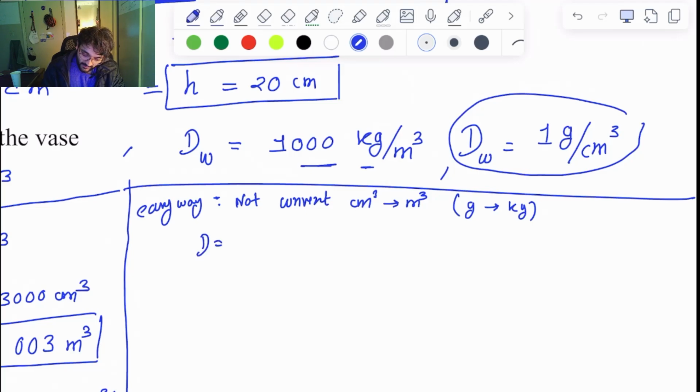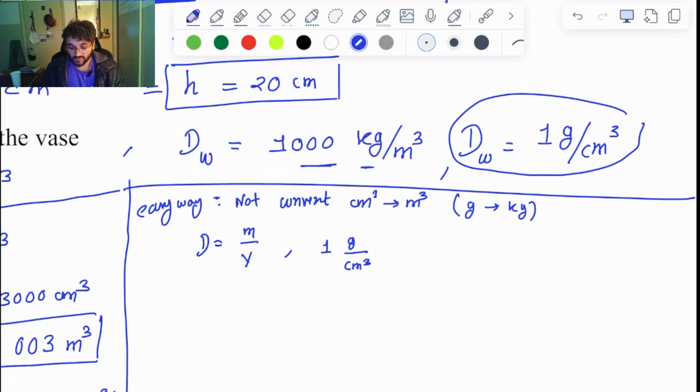Density is again mass over volume. Density is 1 gram per centimeter cube. So you see, the difference is that this time I'm using 1 gram per centimeter cube instead of 1000 kilograms per meter cube. The reason is that the density can be used in centimeter cube.